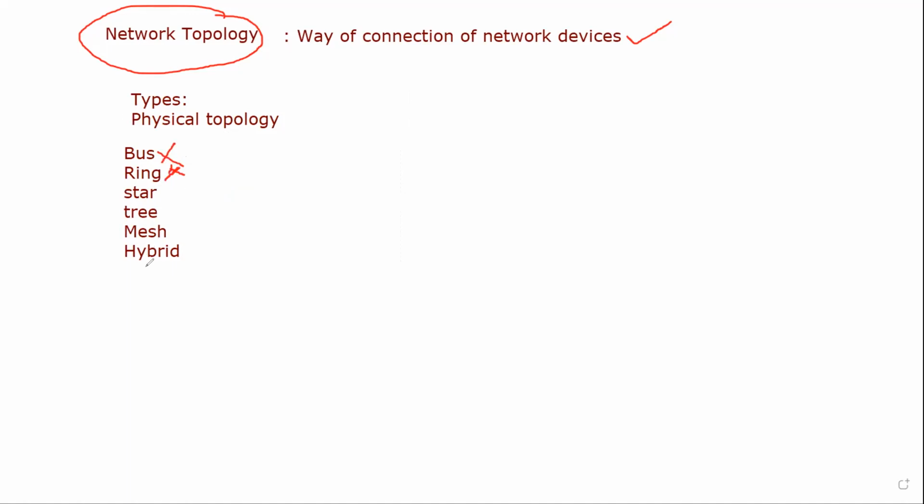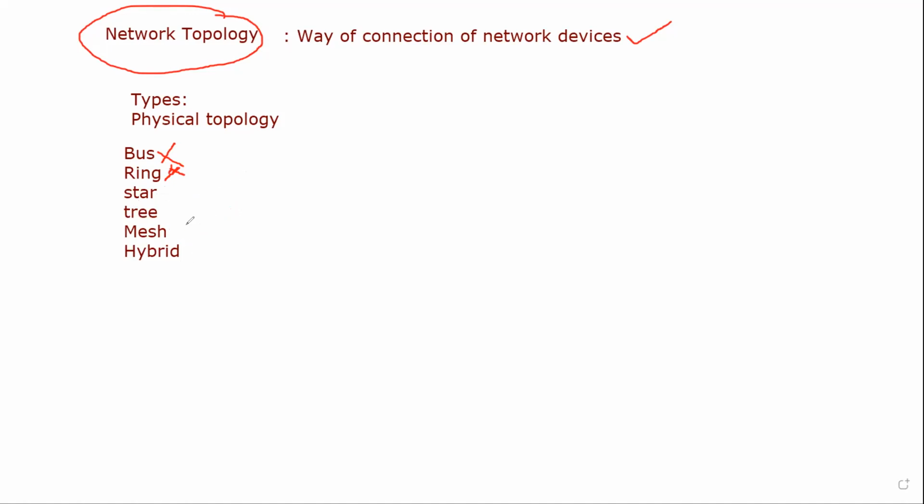Tree topology is rarely used also. Star topology is used nowadays for LAN connection, local area network. Mesh topology is used in WAN connection. And all over the internet, mesh and hybrid are used. But in our topic, we have to learn about bus topology and ring topology.